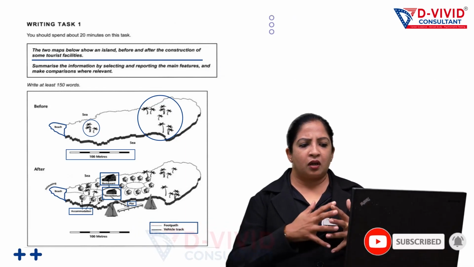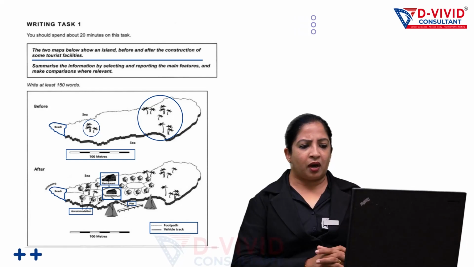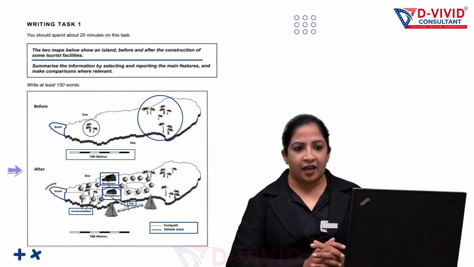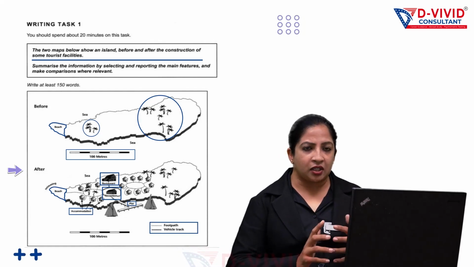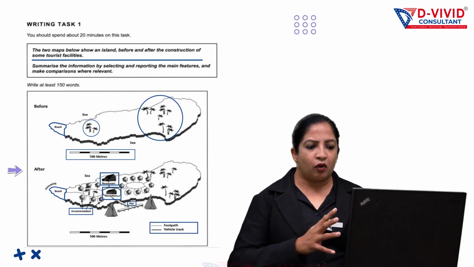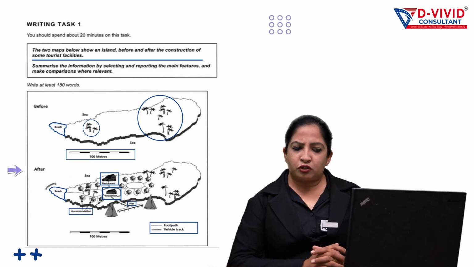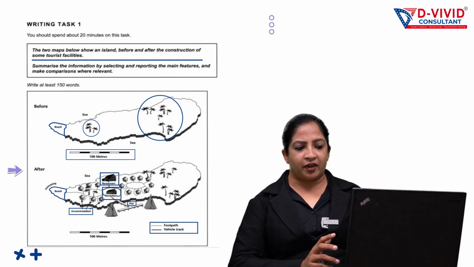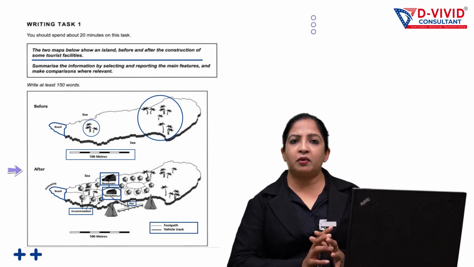So if I talk about the map that is shown in the after side, how can we start the explanation? How can we start to explain this whole structure? Should we start with a pier? Should we start with a reception or a restaurant or beach or accommodation?